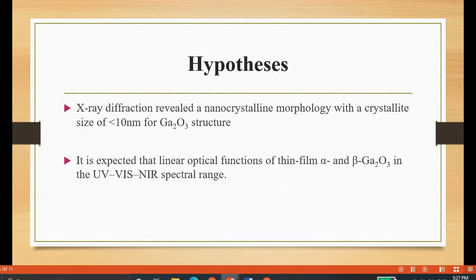We expect linear optical functions of the thin film of alpha and beta gallium oxide in the UV-visible spectral range. The XRD result will eventually reveal a nanocrystalline morphology with a crystalline size of less than 10 nanometers for the gallium oxide thin film structure.